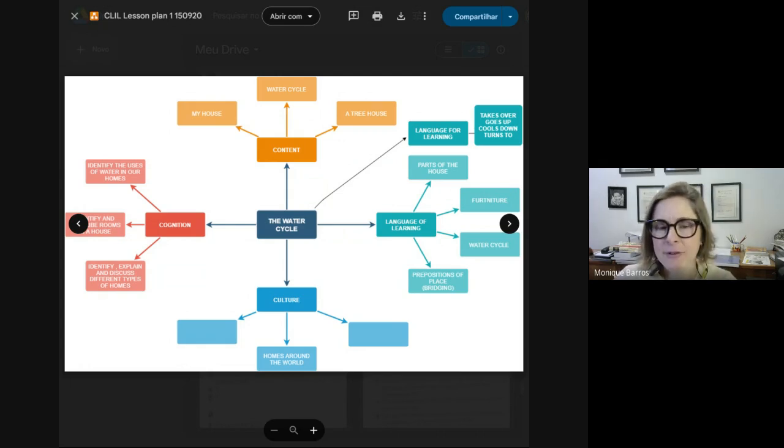Something that I like very much about CLIL is the fact that learners' errors are considered in a completely different way.